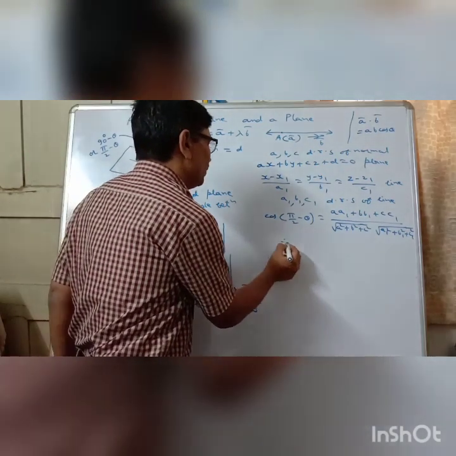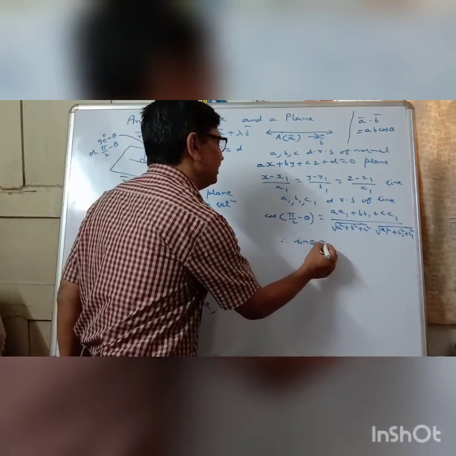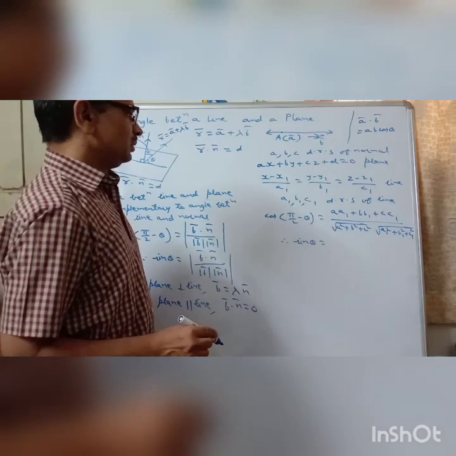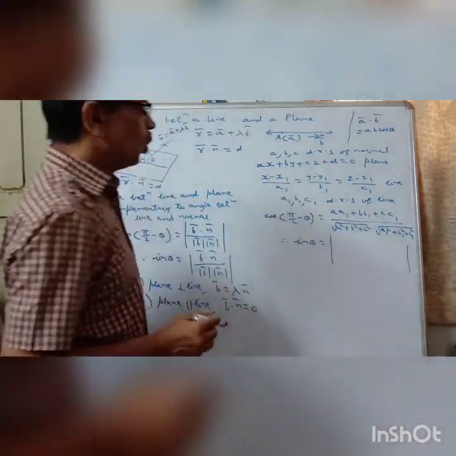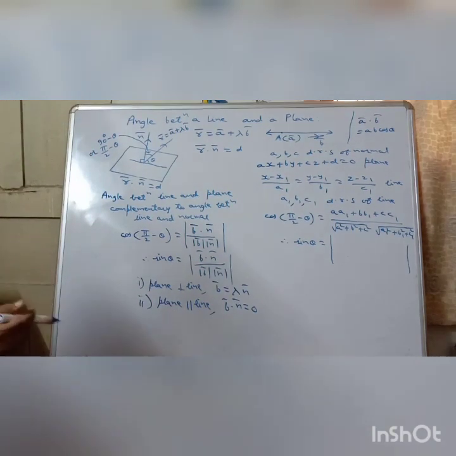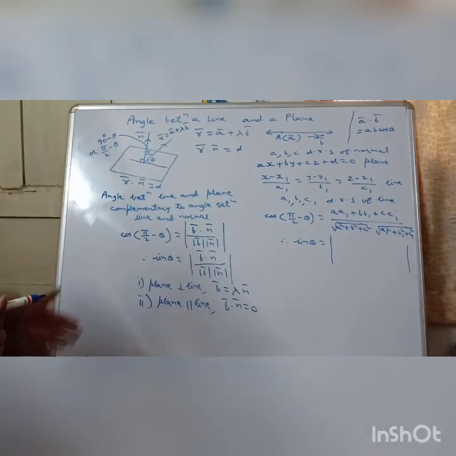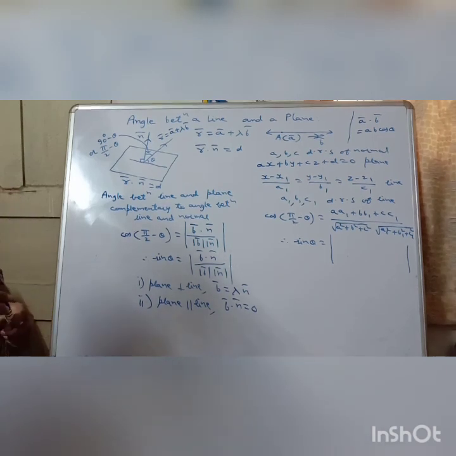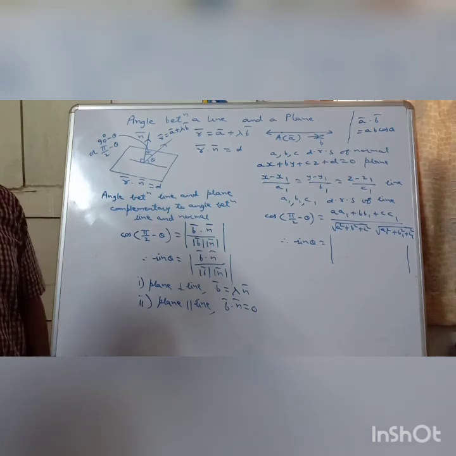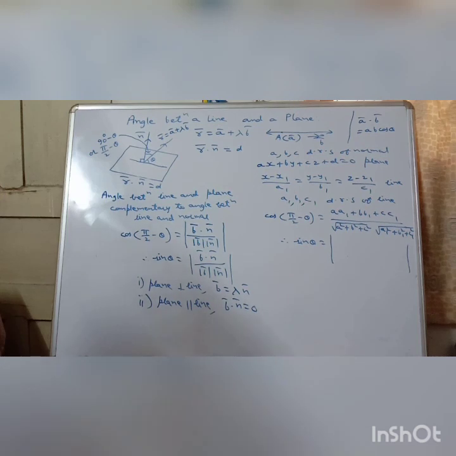Cos pi by 2 minus theta is sin theta. And here also we shall write the whole expression in mod sign. So the angle between line and plane is complementary to the angle between line and normal to the plane.